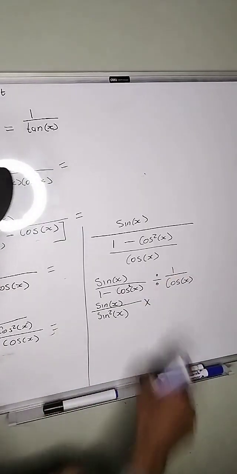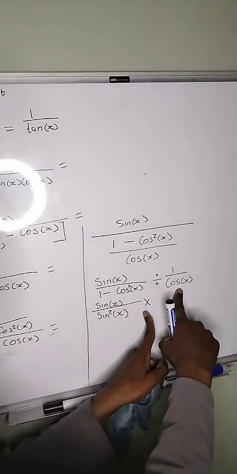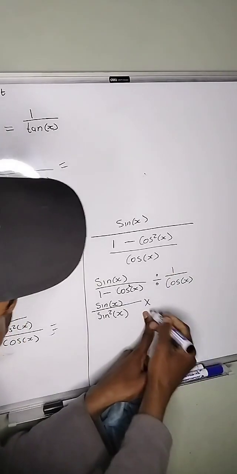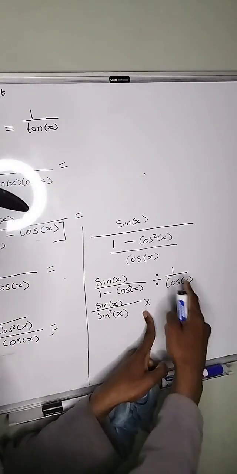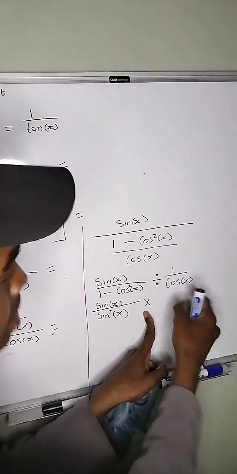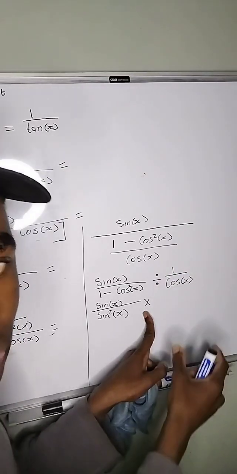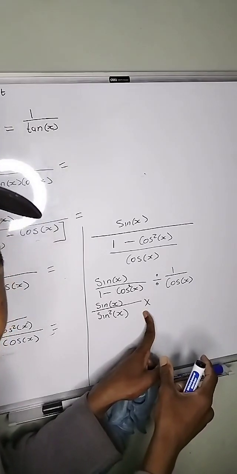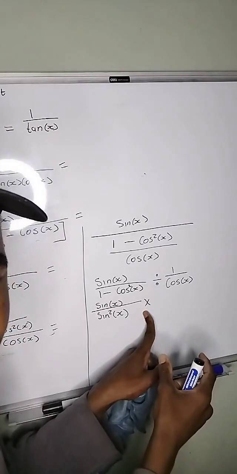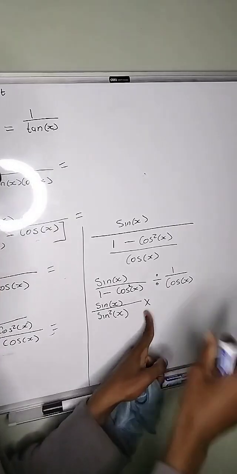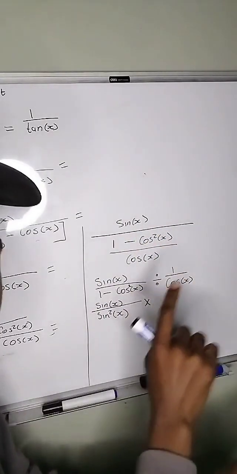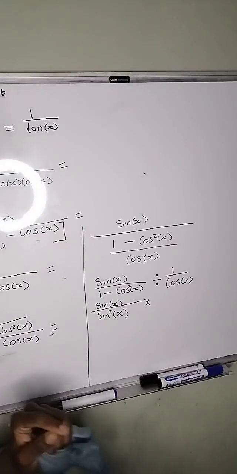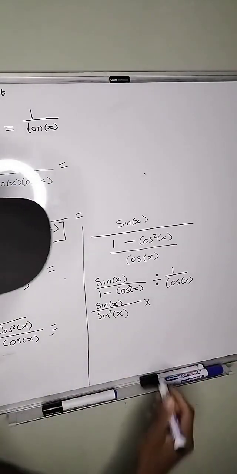Then what's going to happen with this expression here if I change it into its multiplication? Yes, the numerator will swap. It will flip. Thank you very much. They are going to swap places.